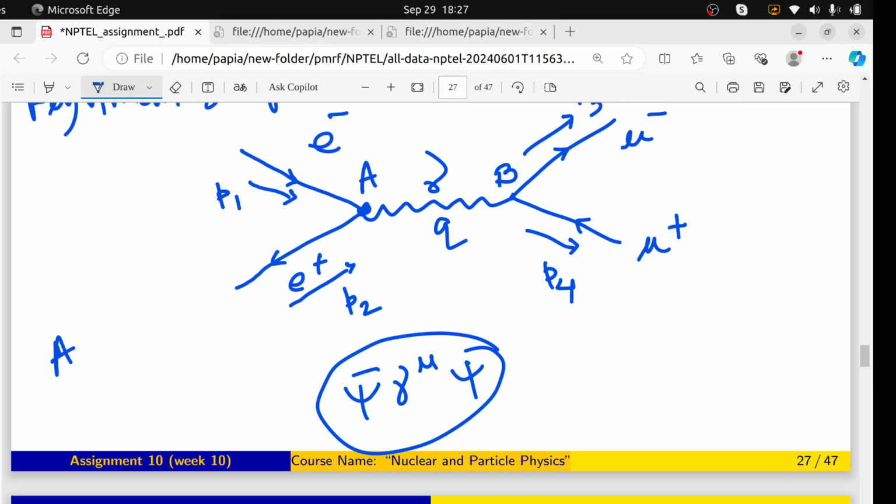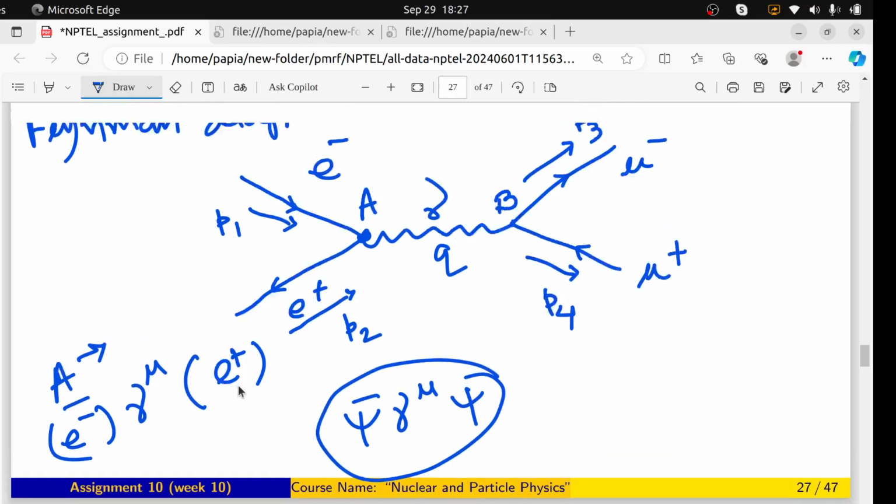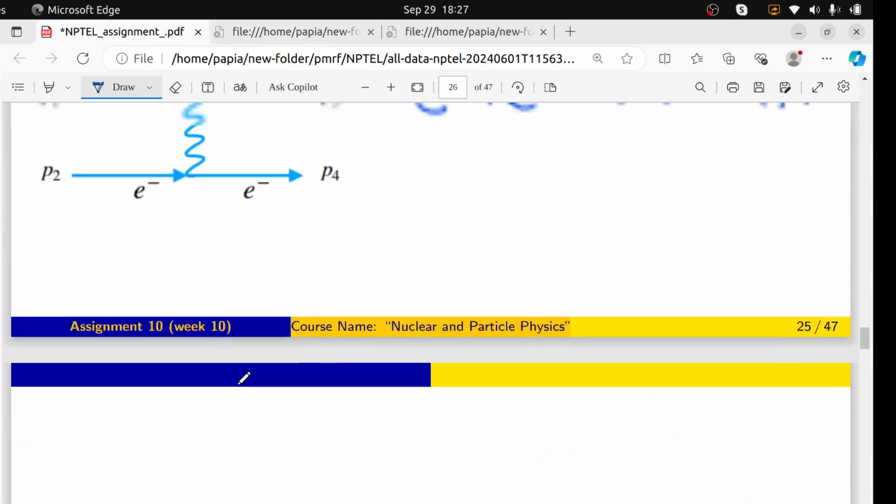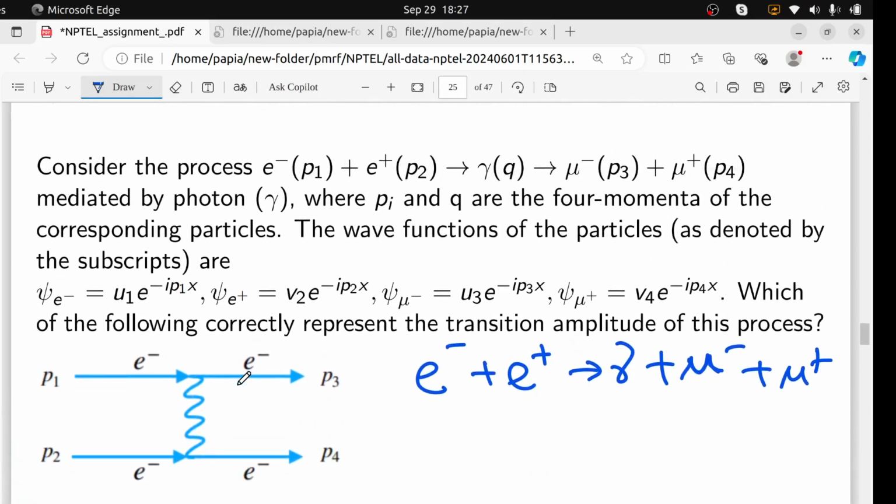For A, I am writing here E minus bar gamma mu E plus. I have written E minus and E plus for simplicity, but it's already given what the notation is. See this one, psi E minus, psi E plus. So psi E minus is E1 e to the power minus I p1 dot x, and mu V2 e to the power minus I p2 dot x.